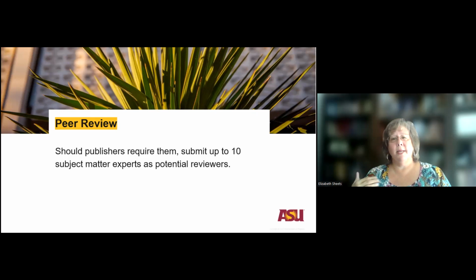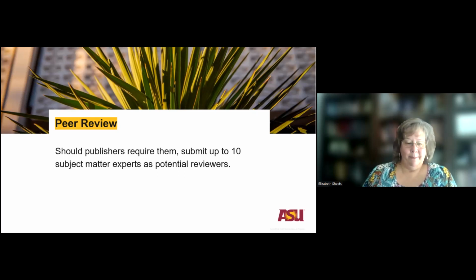Make sure that they are publishing in the genre within the last 5 years, so that their experience and their lens is relevant. And those will be the best reviewers. Those will be the ones that, if they're looking on their own, the publisher would select. Submit up to 10. And again, double check your guidelines on this. A lot of the time, they don't want them. So you don't need to do that work if they're not looking for them.